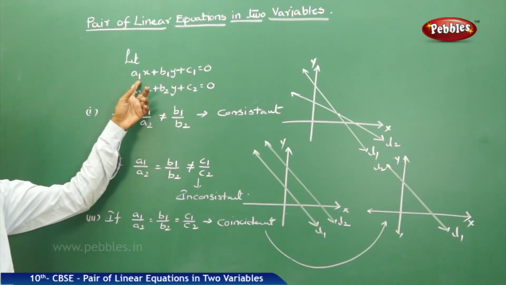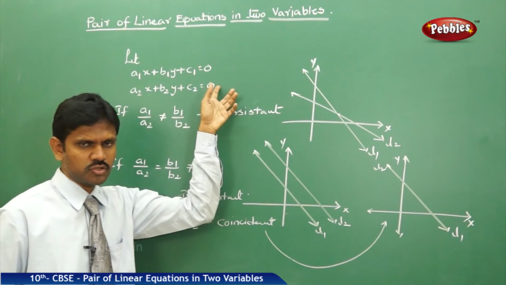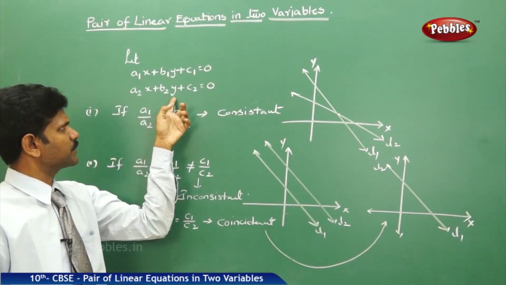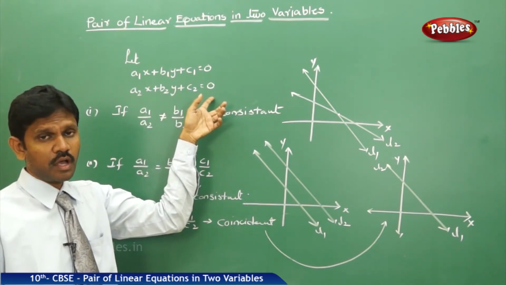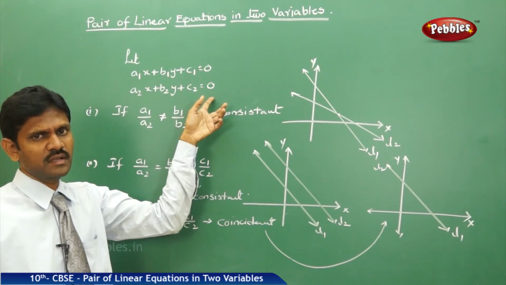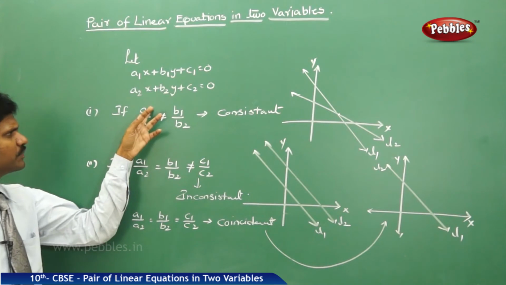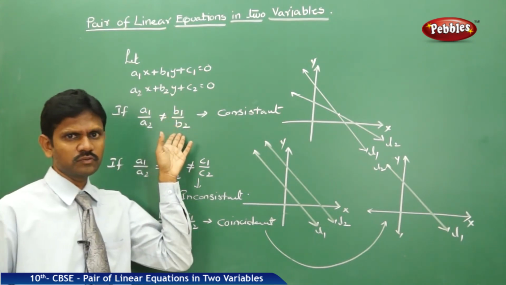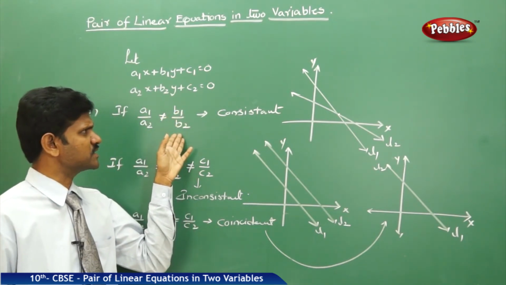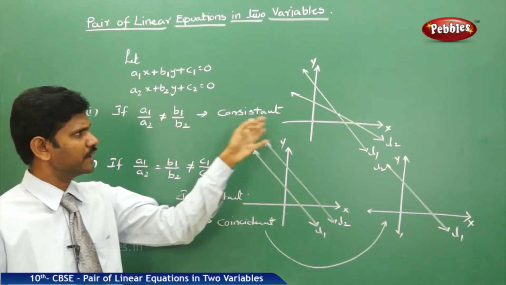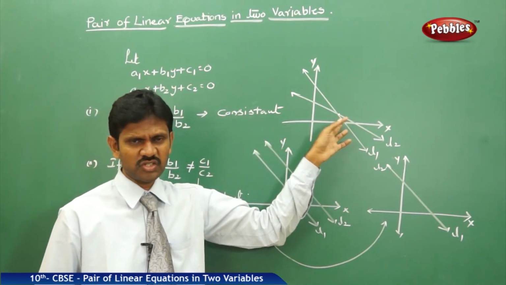If a1x plus b1y plus c1 is equal to 0, a2x plus b2y plus c2 is equal to 0 is a pair of linear equations, then three different cases can arise. Case 1, a1 by a2 is not equal to b1 by b2: the nature of the lines is consistent and the lines intersect each other.